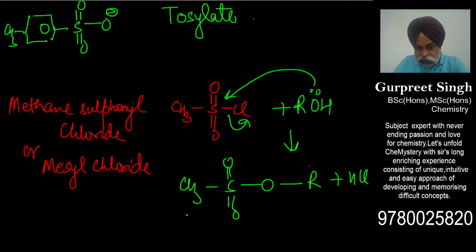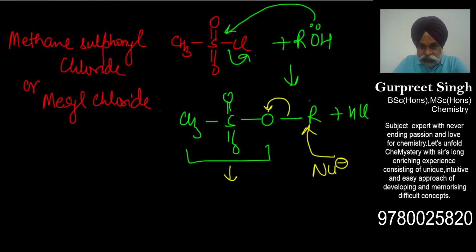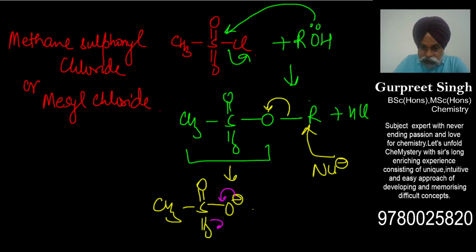Now if this is attacked by some other nucleophile, the nucleophile attacks here and this goes out. The entity which is going out is called mesylate. This also is a very good leaving group. Why is it a very good leaving group? Because it's a very stable conjugate base of a very strong acid, which we call methane sulfonic acid.